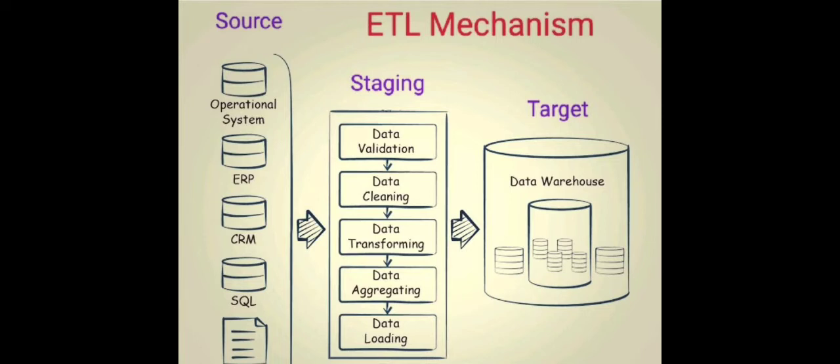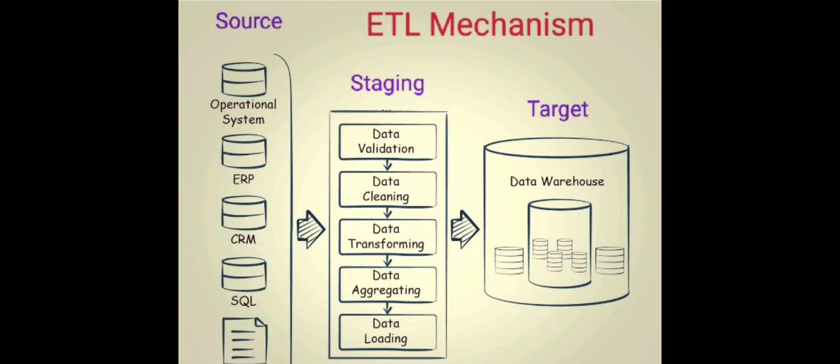Here we can consider 2 layers, source to staging and staging to target. We will look into that in another video. Next is data aggregating. If there is any requirement from the client with respect to data aggregation, like aggregate calculations such as average, sum, min, max, count, we do this as data aggregation.